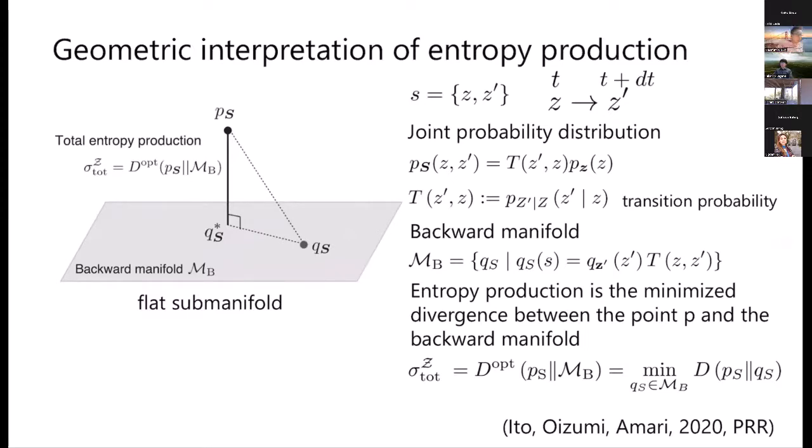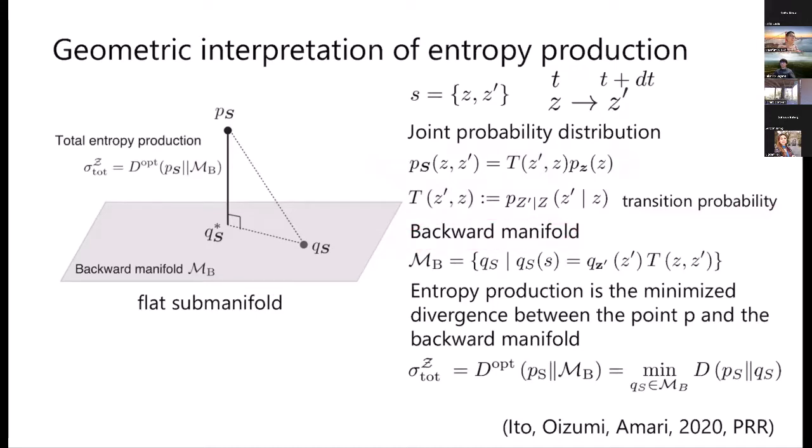In this case, we consider just a state transition from time t to time t plus dt, and the joint probability. We consider a joint probability distribution, something like this, where t is the transition probability. To derive the entropy production, we consider the so-called backward manifold.